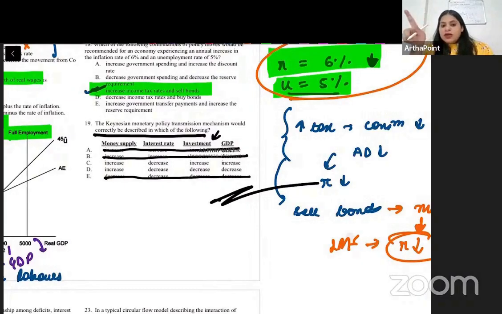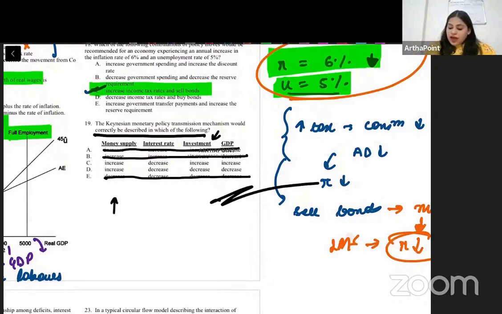Government and interest rate, just think about it. When government increases expenditure, that means government is doing a crowding out effect. So the interest rate can increase in the economy.